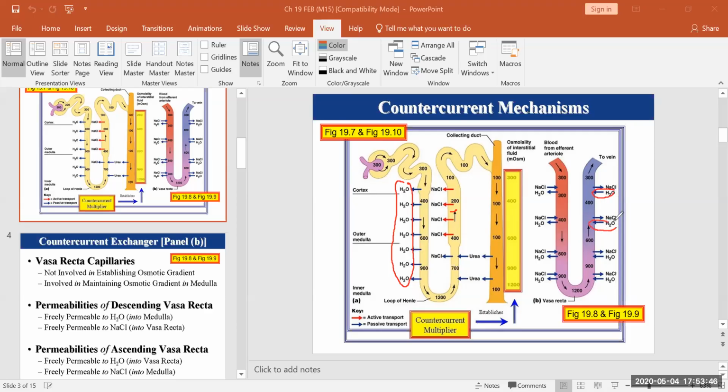So water will go into the ascending limb of the vasa recta. Same thing over here. When sodium is leaving the ascending limb, that sodium is allowed to go into the vasa recta.